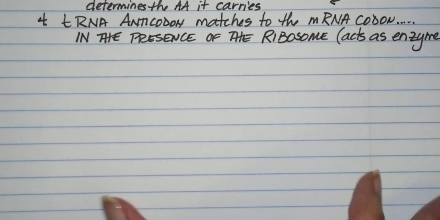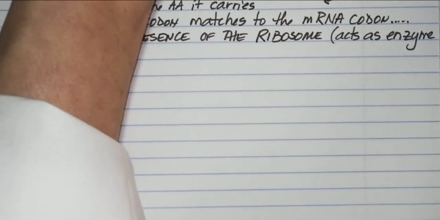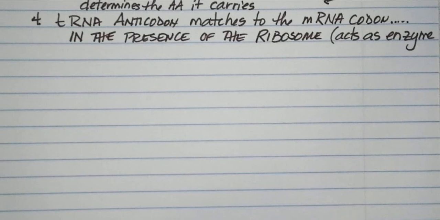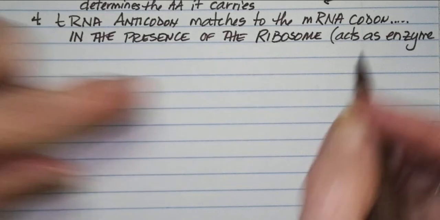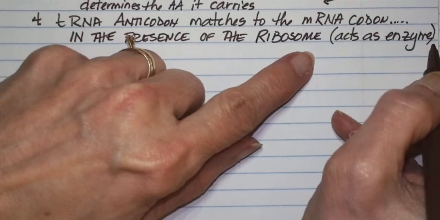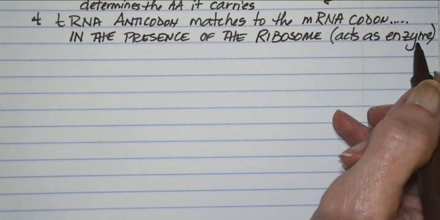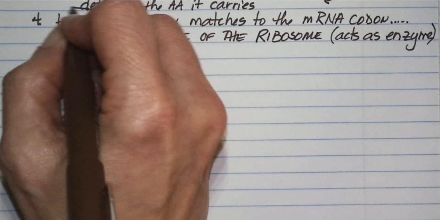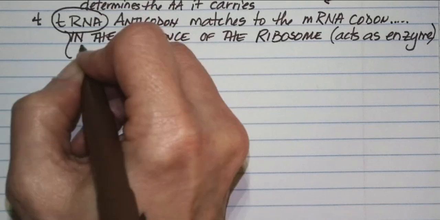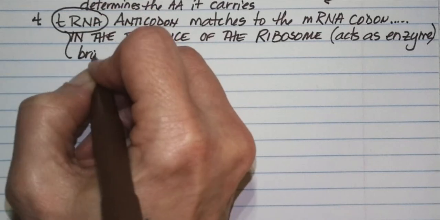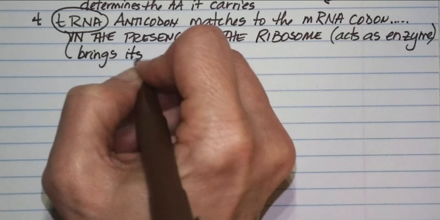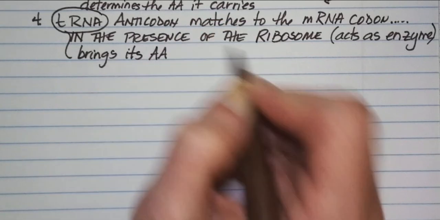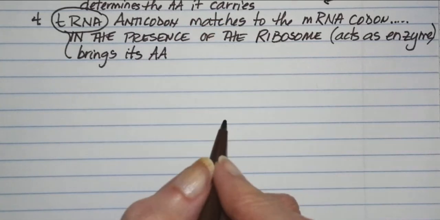It's going to make that chemical reaction happen that goes on in there. That tRNA right here brings with it its amino acid. And this is how the amino acids are put in order.